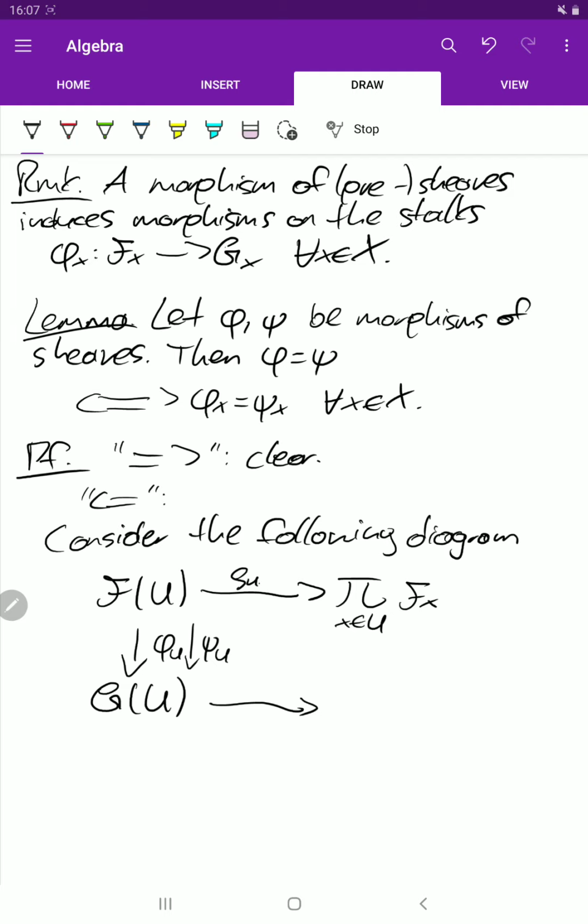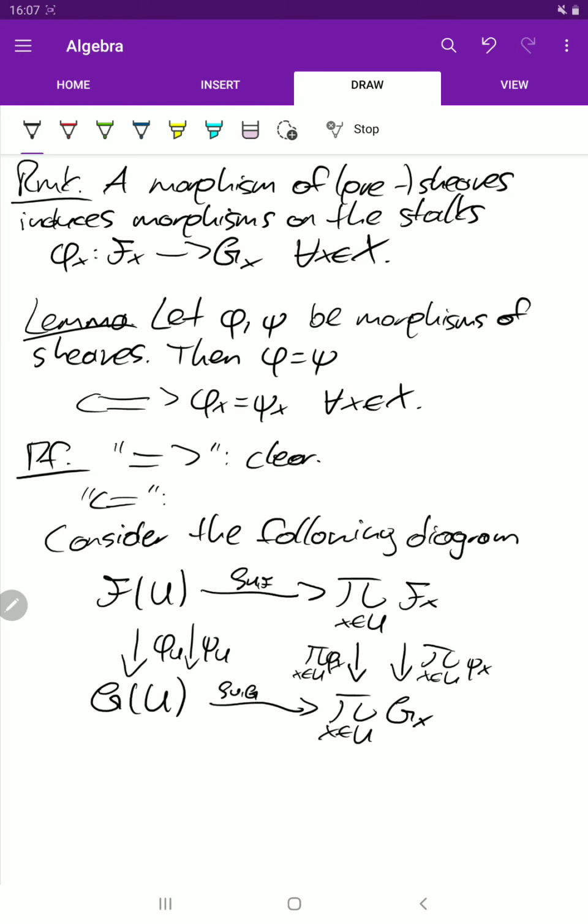Maybe I should call it rho_U^F, rho_U^G, and similarly we have the same map for G. And then we have also two maps here, namely the product of the phi_x, and the product of the psi_x.